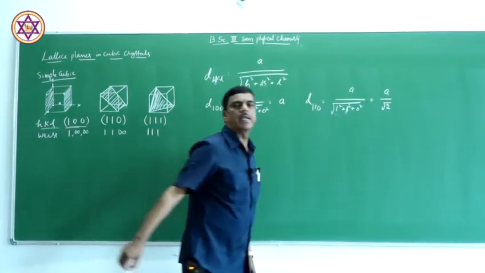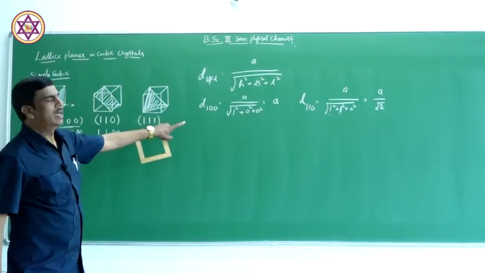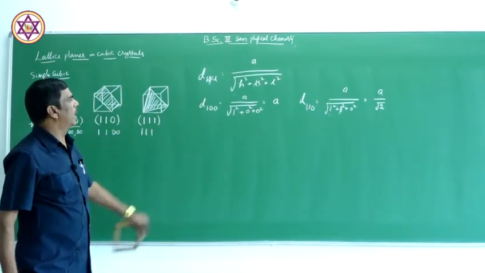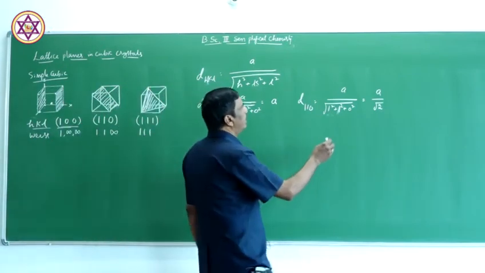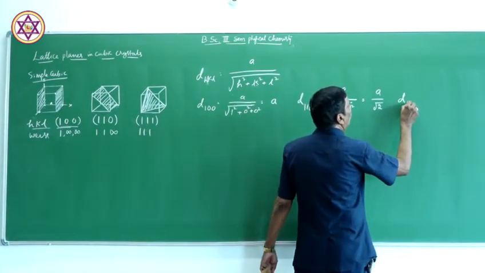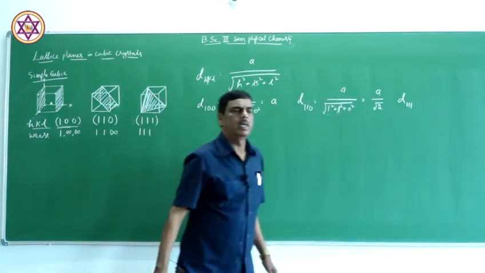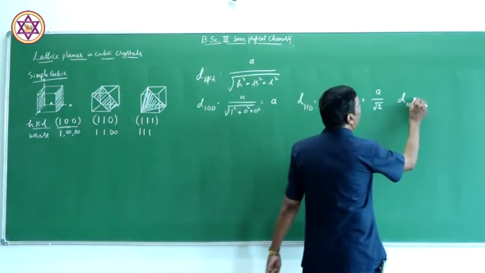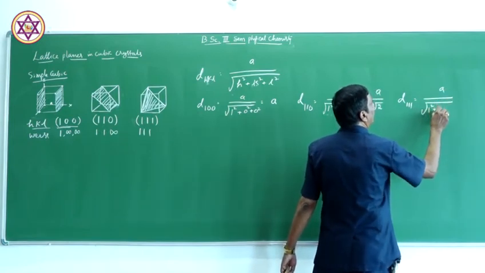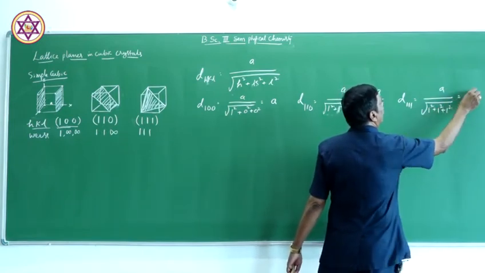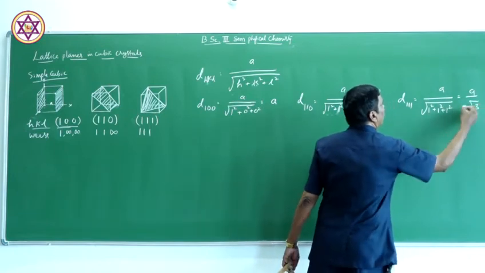Similarly, we can calculate the distance for the 111 plane. D111 is a over square root of 1 square plus 1 square plus 1 square, that is equal to a by root 3.